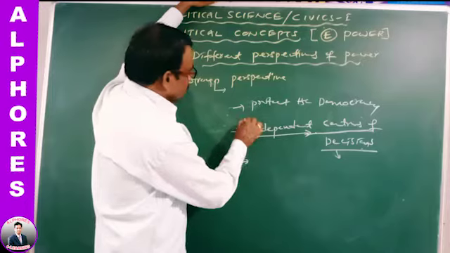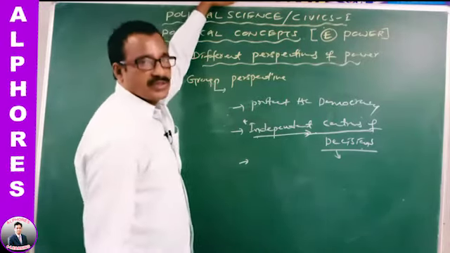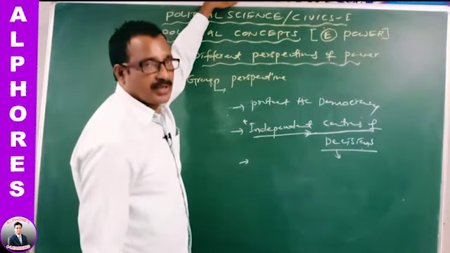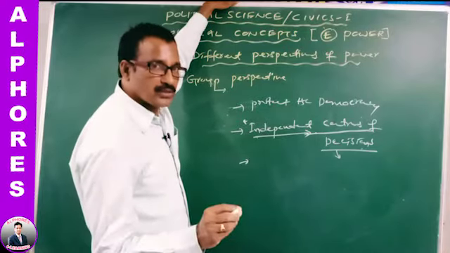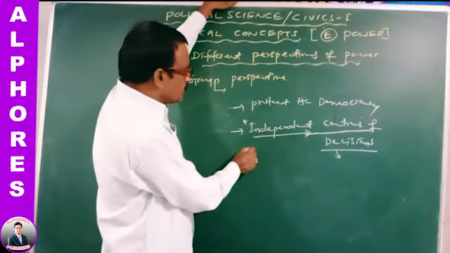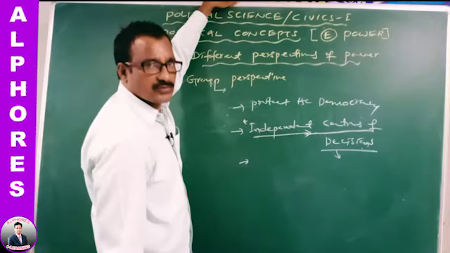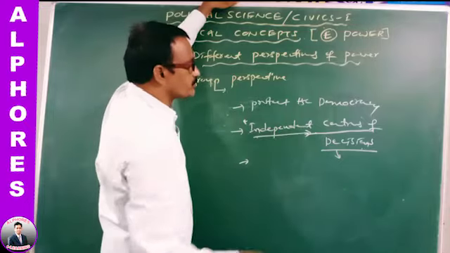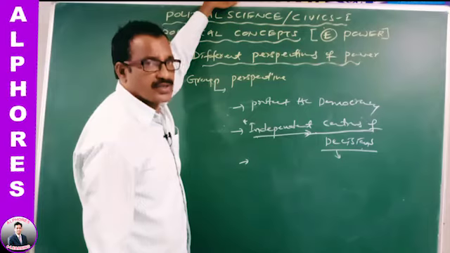Due to this reason, the government will seek the cooperation of these organizations in the process of decision making, because they will influence the government also in so many things. Hence, the government must seek the cooperation of these organizations while taking the decisions.